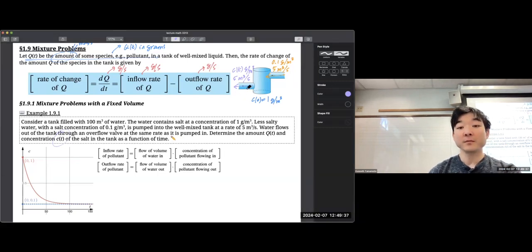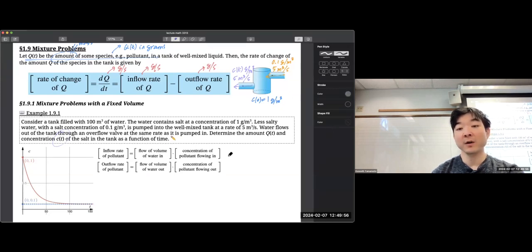And so we have all this information, but for the inflow rate, we're modeling this as the rate of change of mass Q of your pollutant or your salt. So these are grams per meter cubed, and this is meter cubed per second. How would I get grams per second out of this?